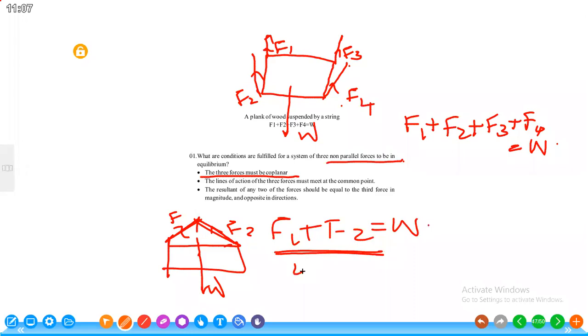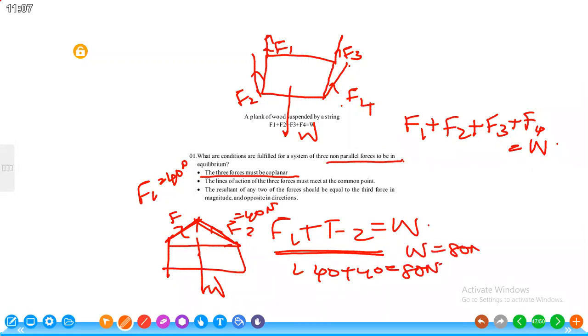If F1 is equal to 40 Newton and F2 is equal to 40 Newton, then the magnitude F1 plus F2, 40 plus 40, is equal to 80 Newton. W is equal to 80 Newton. Equal in magnitude and opposite in direction: in this direction, but the weight W is in this direction.